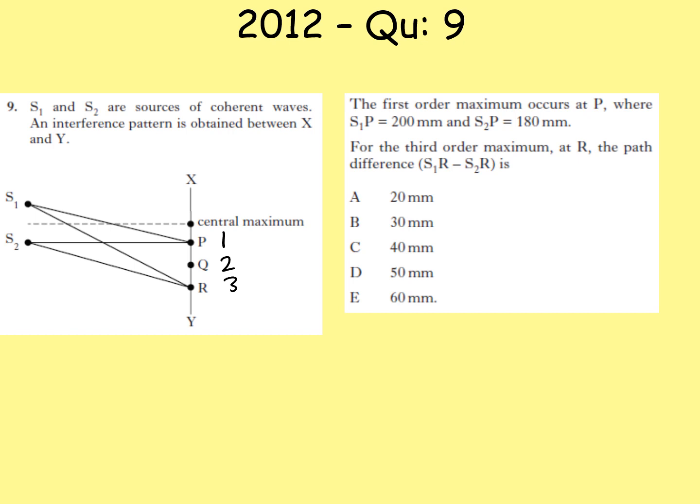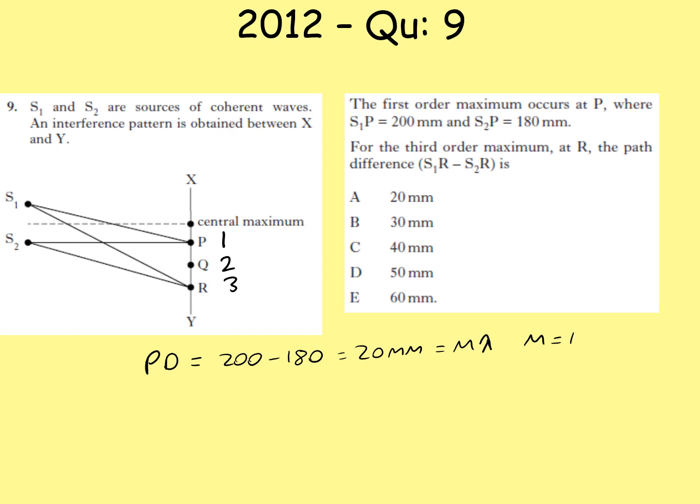Well, we know at point P that our path is 200 millimeters from S1 to P and 180 millimeters from S2 to P. So the path difference at our first order is going to be 200 take away 180, which is equal to 20 millimeters, and that is equal to 1 lambda, because m is equal to 1.